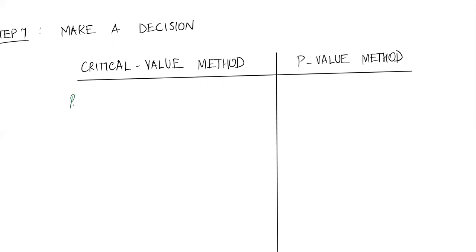We will reject the null hypothesis. Remember again, it's all about H naught. So reject H naught if the test statistic is in the critical region, the shaded region, right?